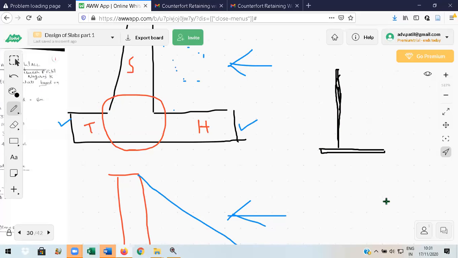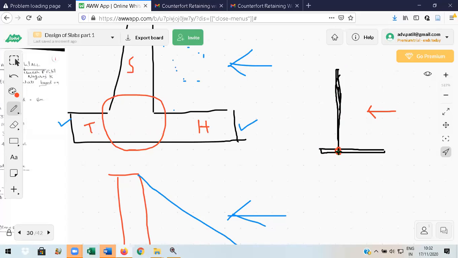Now, this bottom thickness can be more than top since it is a cantilever. Let us not worry about that. Presently, one rectangle is like this, one more rectangle is like this, horizontal and vertical rectangles. I told you that this is a cantilever retaining wall. It means all these are fixed here. At the junction, these three are fixed and they are free at the other end. Now the force acts like this.